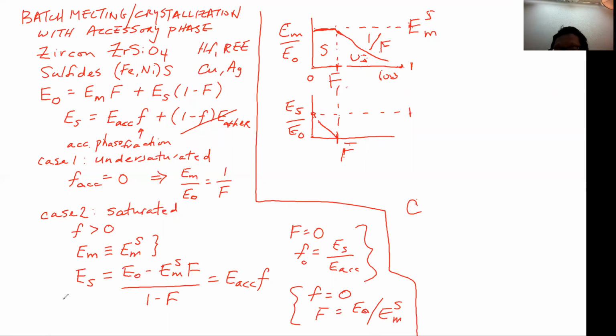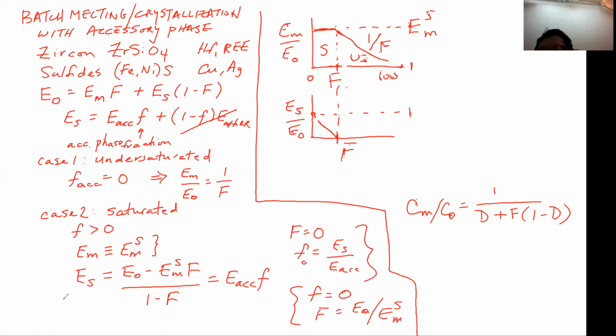And if you recall from our batch melting models, the equation for batch melting is Cm over C0 is equal to 1 over D plus F(1 minus D), okay? F, again, is the melt fraction.